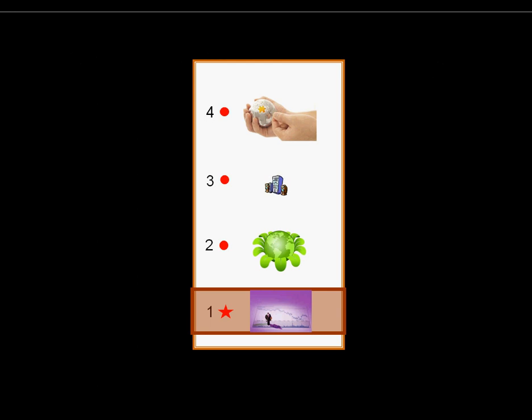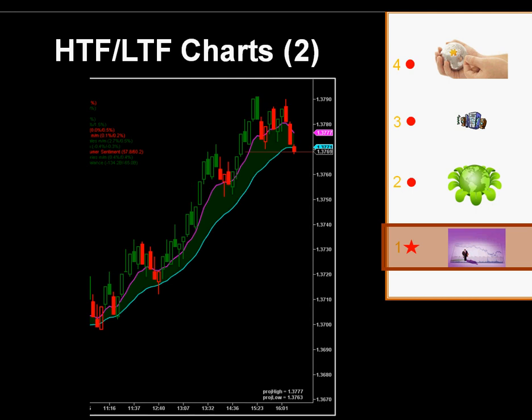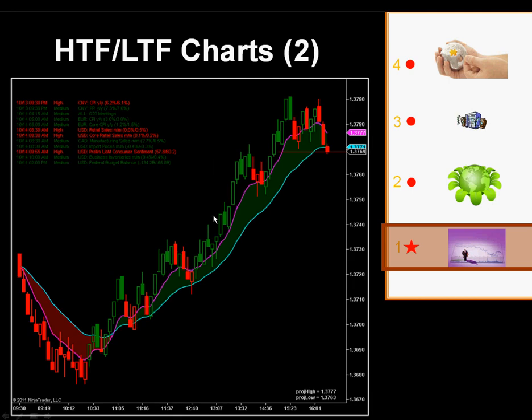First, we need to understand the time frames we're using. I recommend using 2 charts, a higher time frame and a lower time frame chart. As you can tell, this higher time frame chart is very simple, because I only expect the higher time frame to tell me the trend direction.